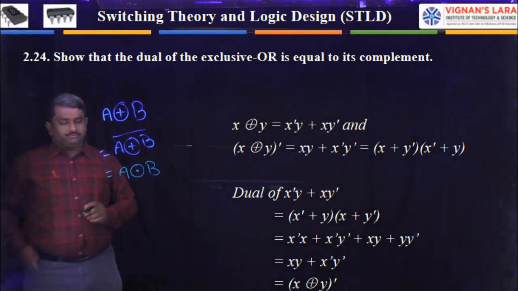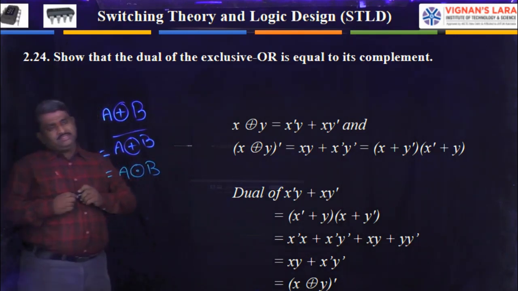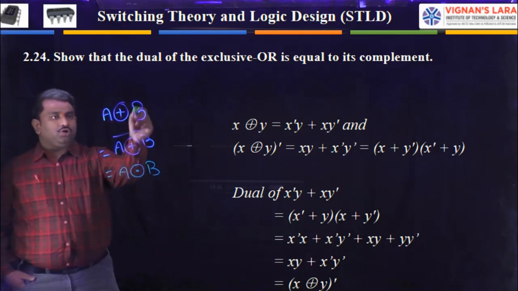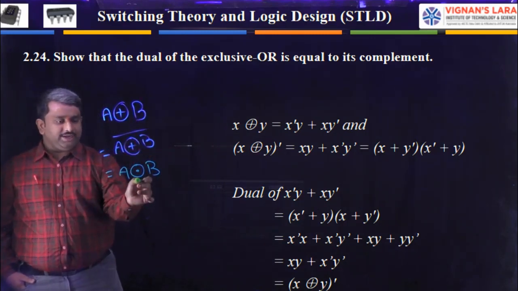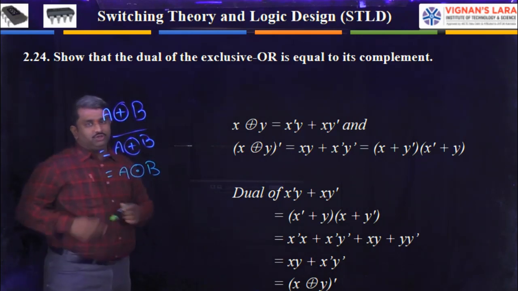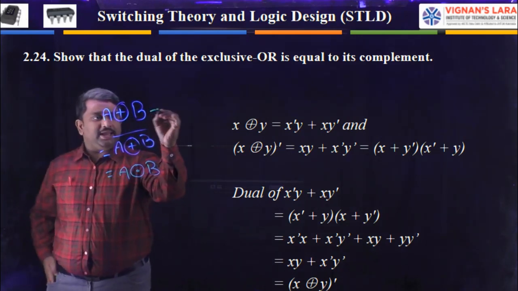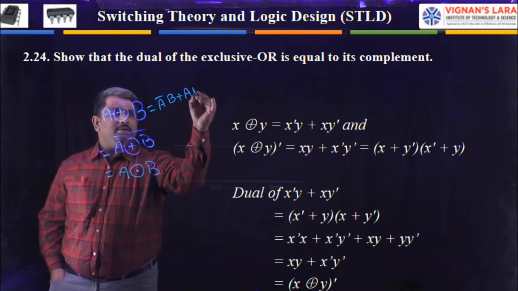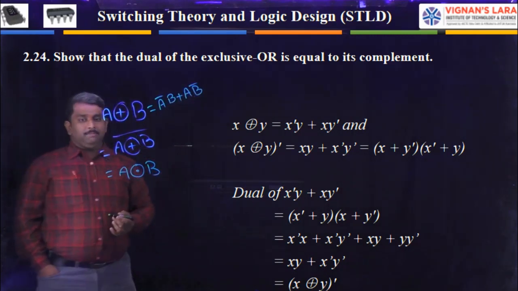The complement of the XOR function we generally represent with the XNOR function. We know what A exclusive OR B is: A bar B plus A B bar.